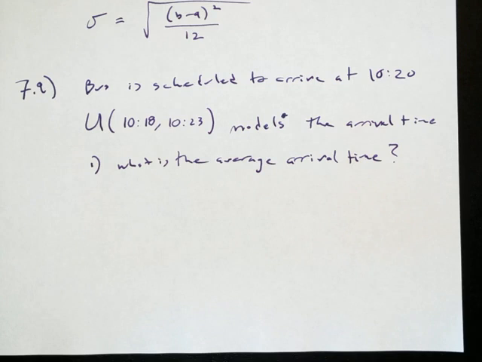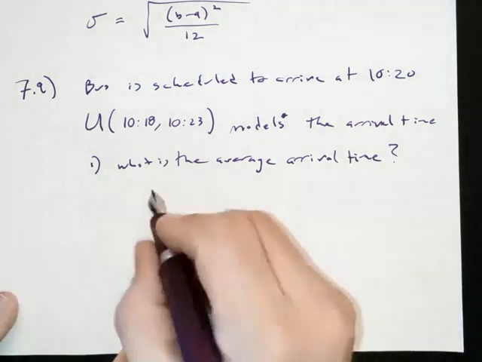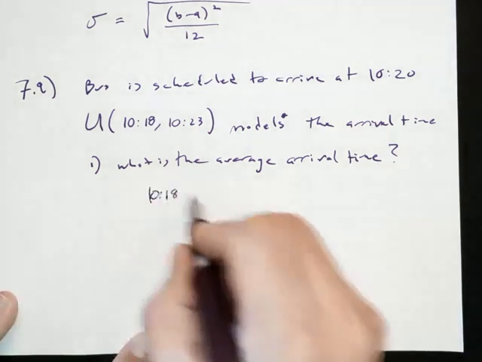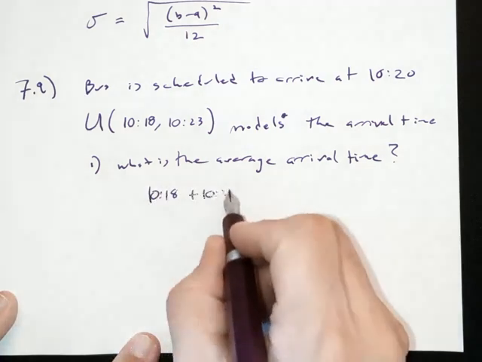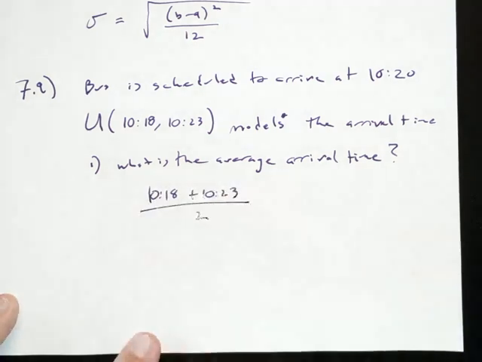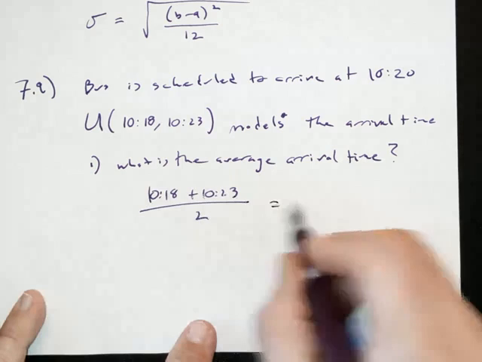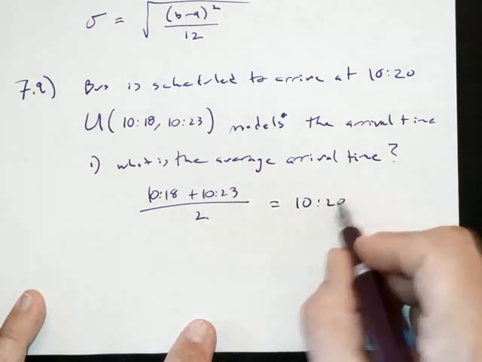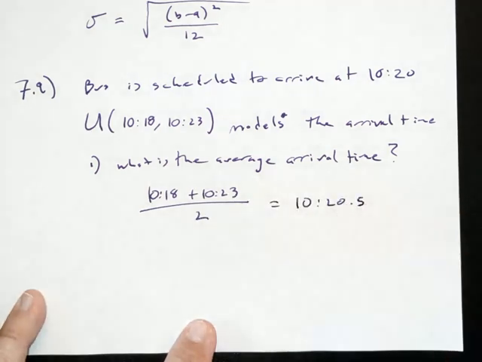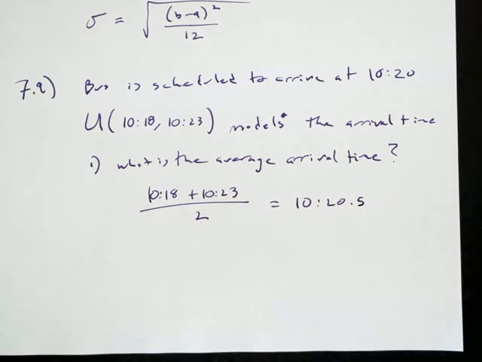It's right in the middle at 10:20.5. We should take the 2 times and add them together and divide by 2. And yes, that is 10:20.5. Which means, on average, the bus is 30 seconds late.